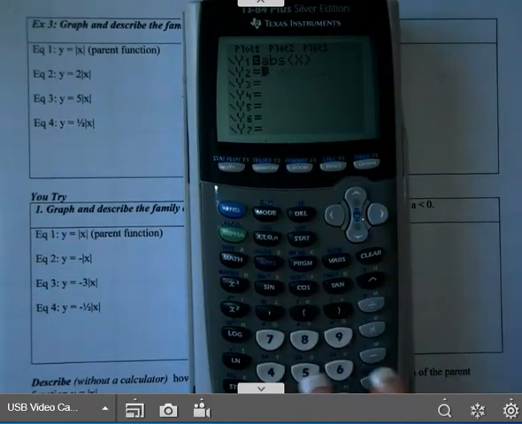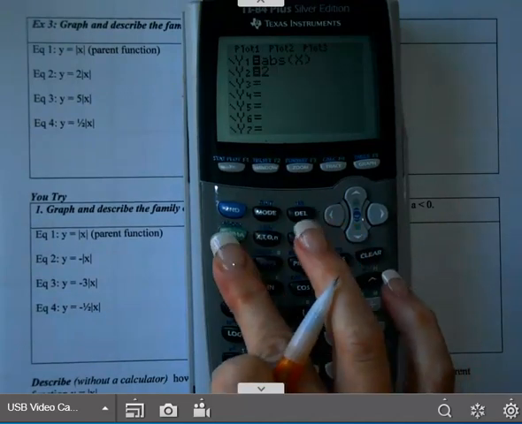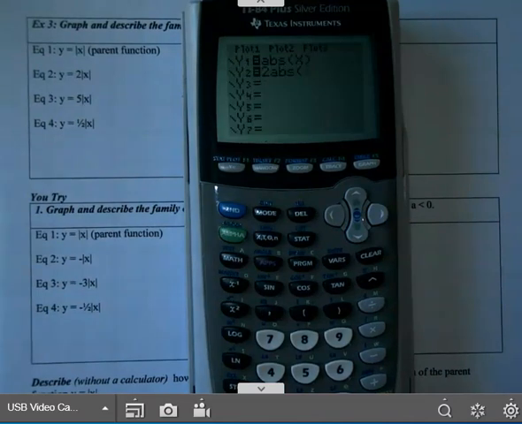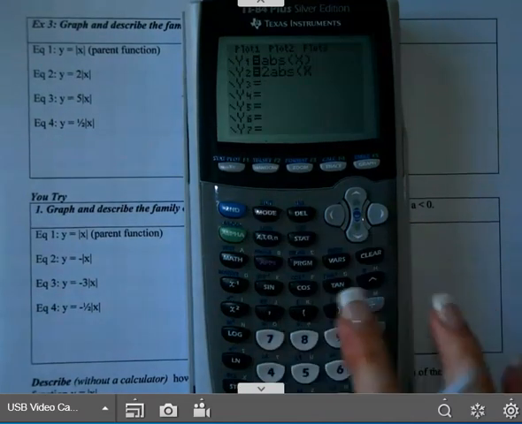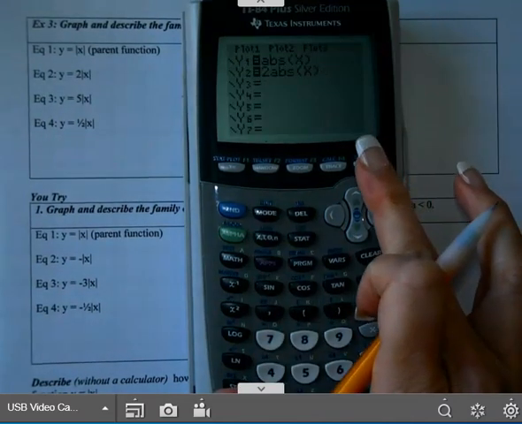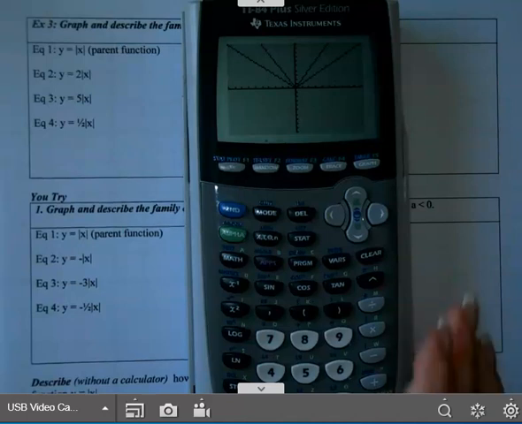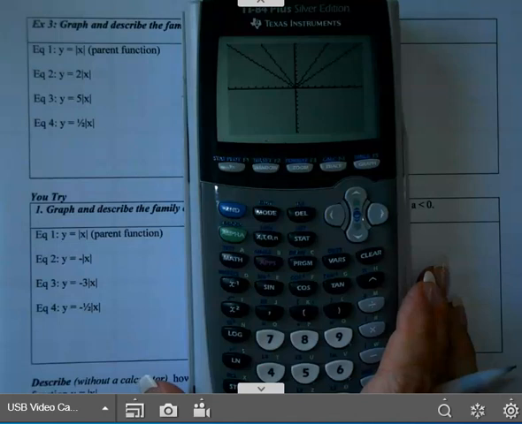And I'm going to type 2 and then math, number to get my absolute value of x. And graph it. There's my parent. And notice that 2 in front made my graph become thinner. It's a vertical stretch. So your graph got narrow in this case.